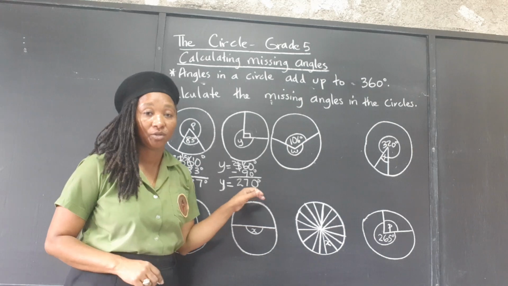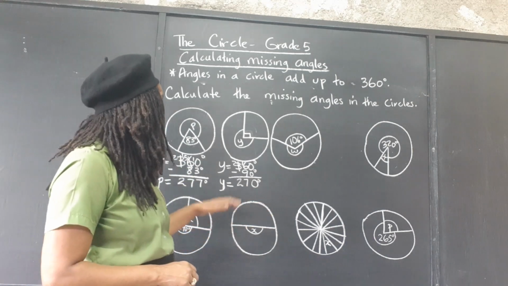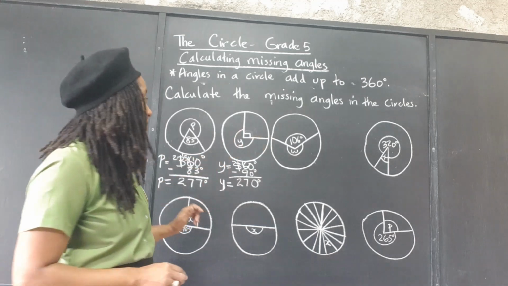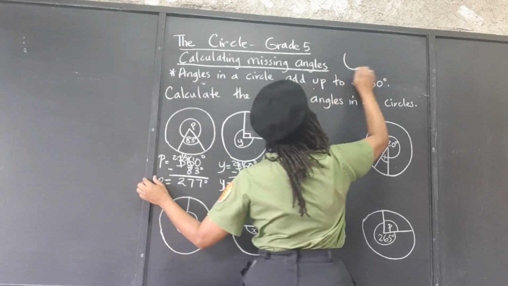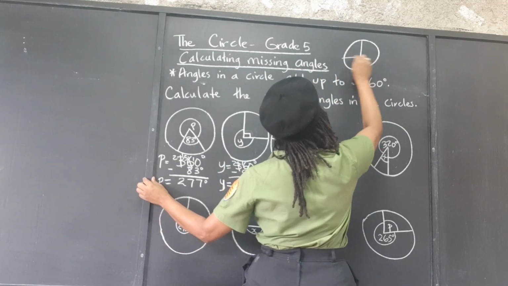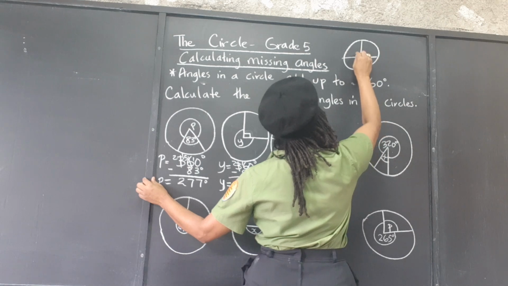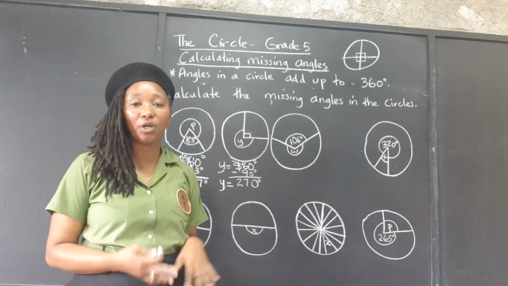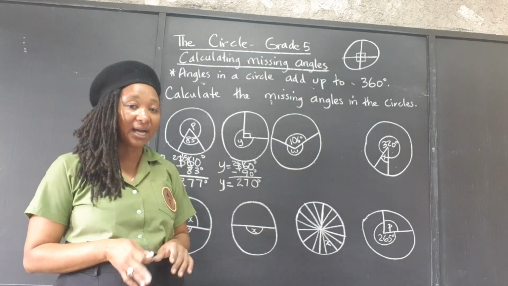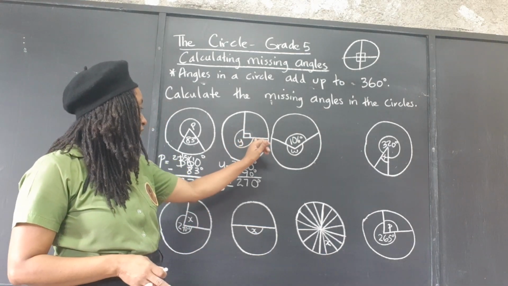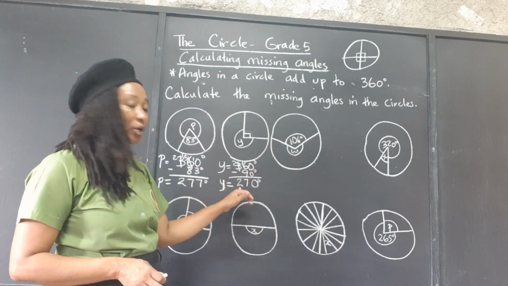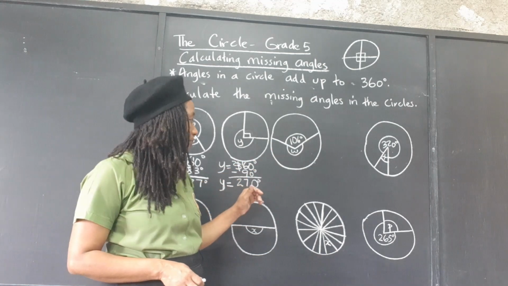Right? 270 degrees. So this is one quadrant of the circle. Remember, the circle is divided into 4 quadrants, each of them 90 degrees. So this represents one quadrant, a full right angle, exactly 90 degrees. And the other 3 quadrants would make up all of this angle here, 270 degrees.